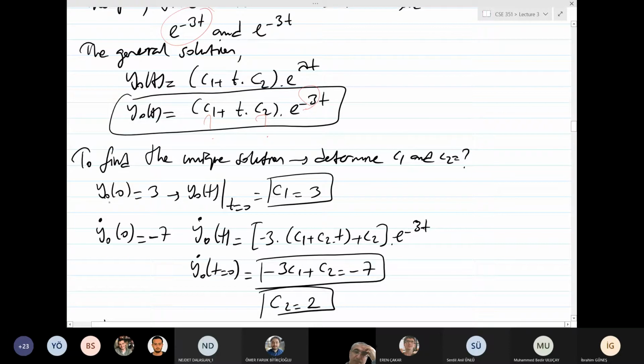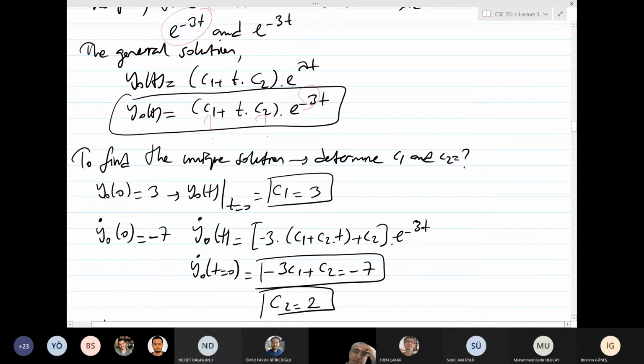So the first initial condition was y0 when t equals 0 is 3. So y0 when t equals 0, if I put t equal to 0 here, then c1 is left, right? And the exponential becomes 1, and c1 is equal to 3. From the first initial condition, we found c1, which is equal to 3.